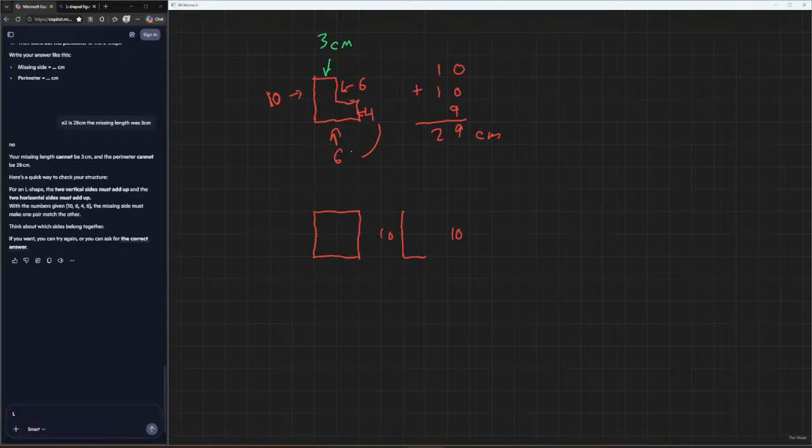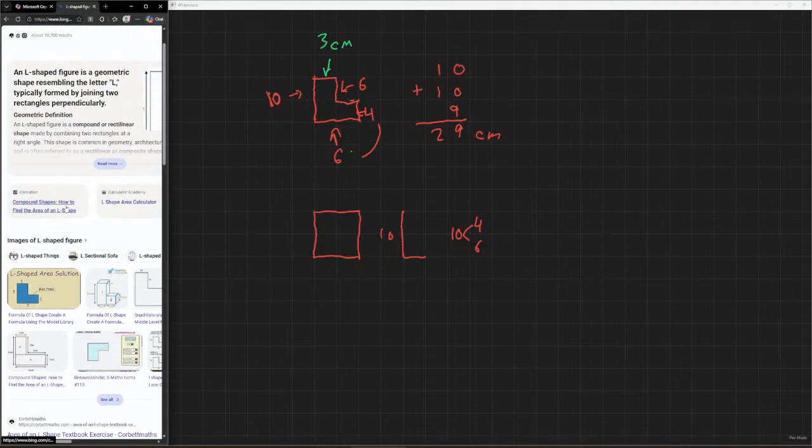Which was from the 6 and 4. And it's weird, the L-shaped figure is like this, you know.